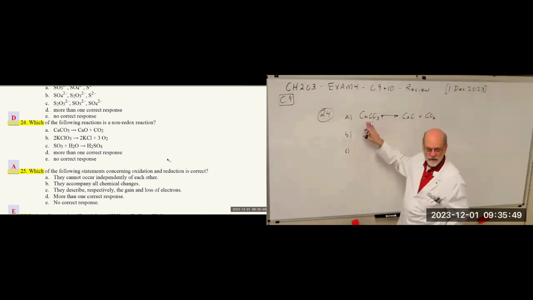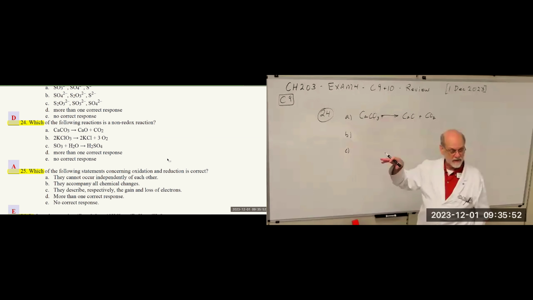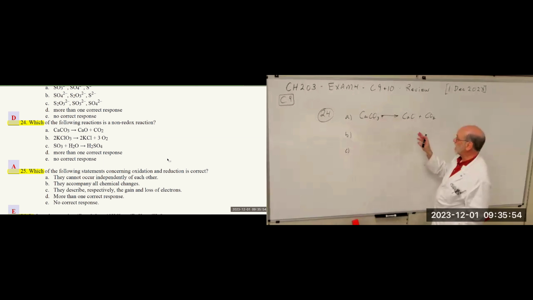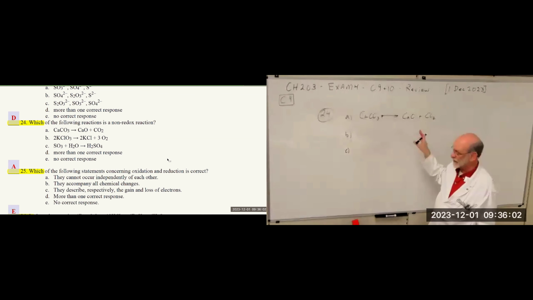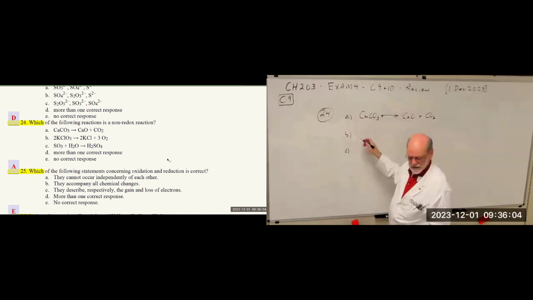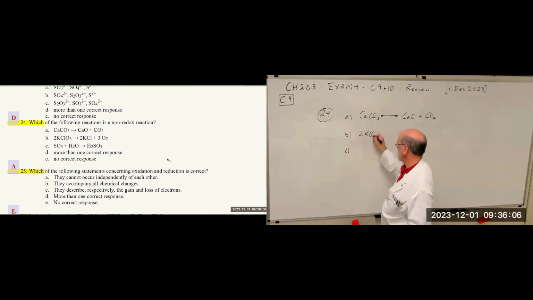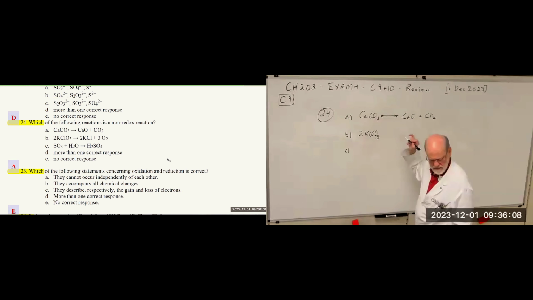They take calcium carbonate, grind it up, and run it through a hot oven. And the reaction decomposes this, drives off carbon dioxide, and makes lime. 2KClO3 yields 2KCl plus 3O2.